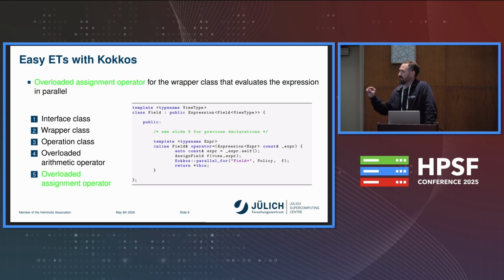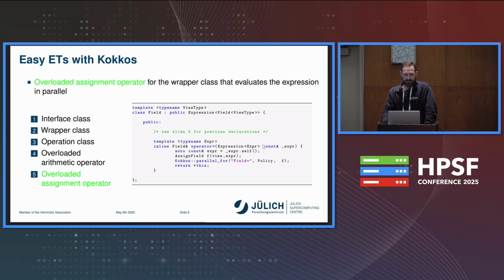And so the last encapsulating interface is going to remove itself again. And this assigned field is just a functor, which is going to just set the expression to equal to the target. And then all of this is going to be done in parallel under a parallel for.